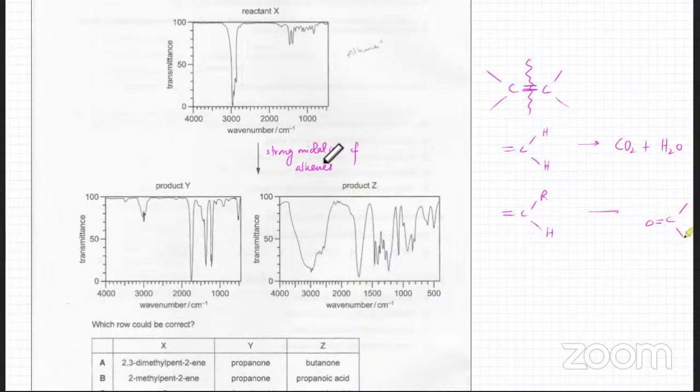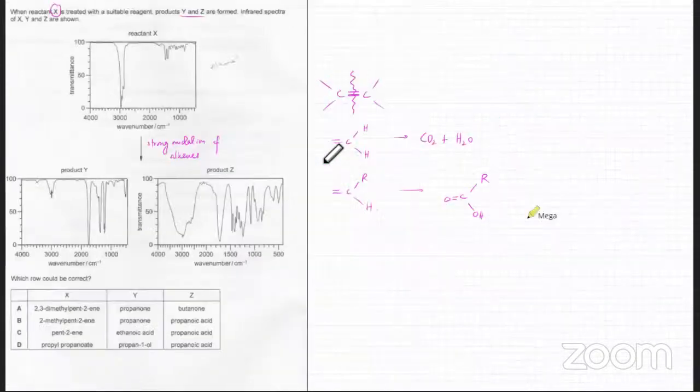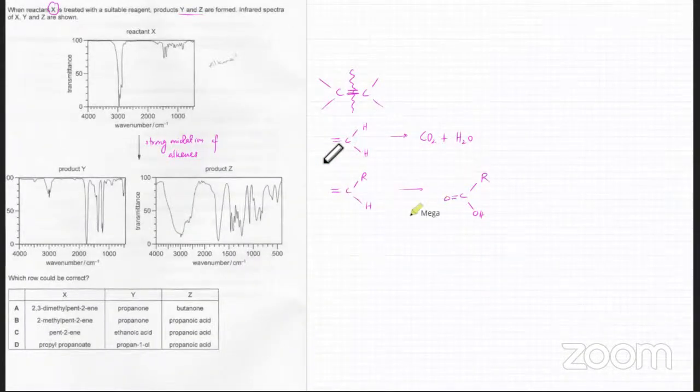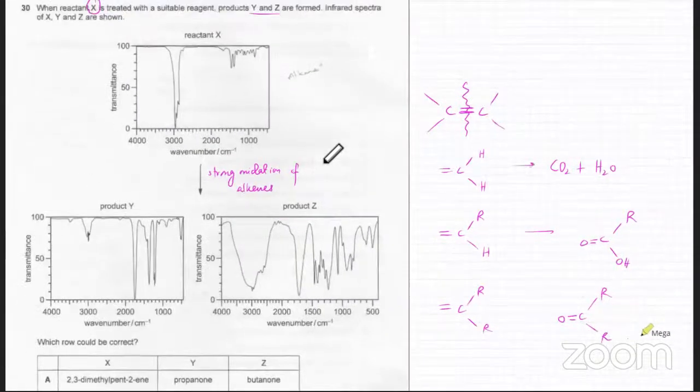So the carbon atom would turn into a carboxylic acid, with double bond O and OH. And the third option is that if your double bonded carbon atom has carbon chains on both sides, it would turn into a ketone. So you've got 3 options, and that is strong oxidation of alkenes. Zaib, is this clear?